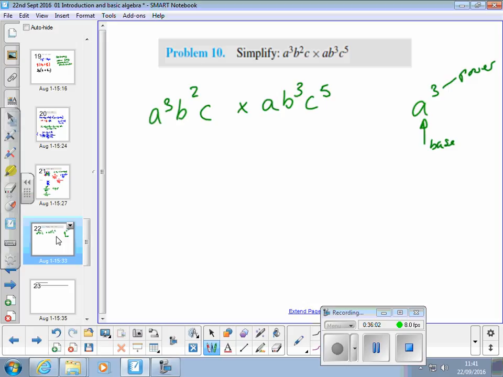We're going to formalise that in a minute. So a to the 3 times a equals a to the 4. And then we've got base b, we've got 2 and 3, so b to the 2 plus 3 is b to the 5. And then we've got c, what's the power on that c there? 1 times c to the 5, so that's c to the 6. Everyone agree with that?